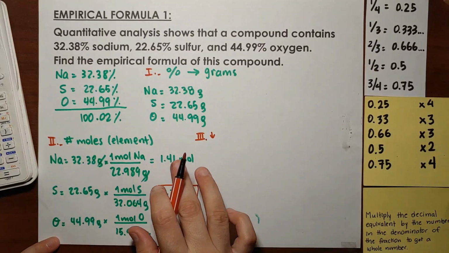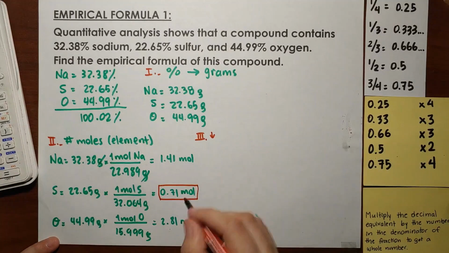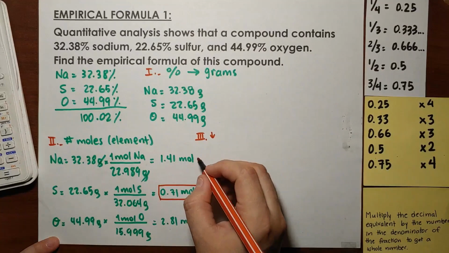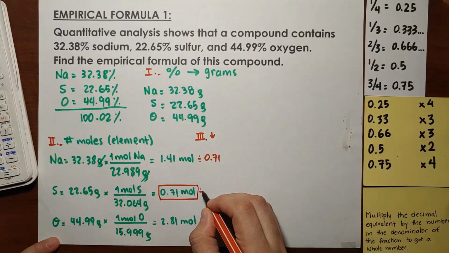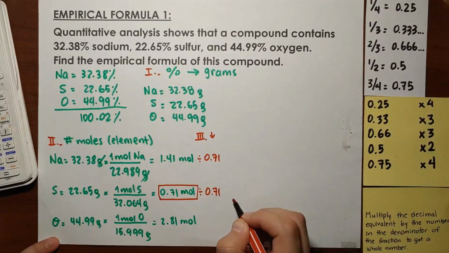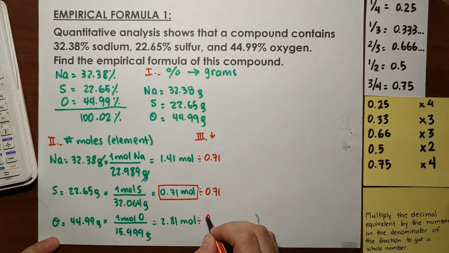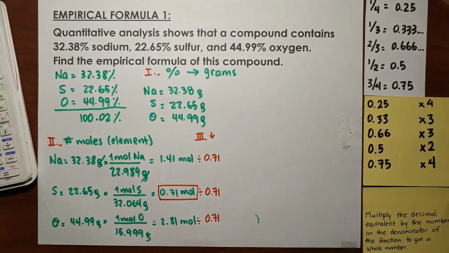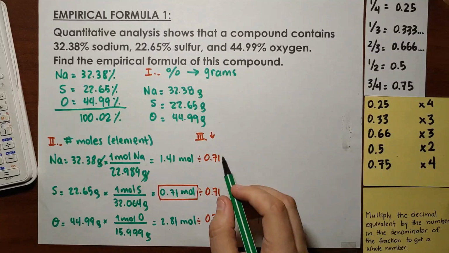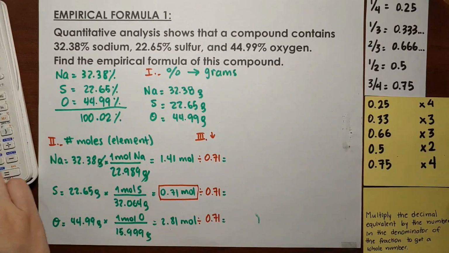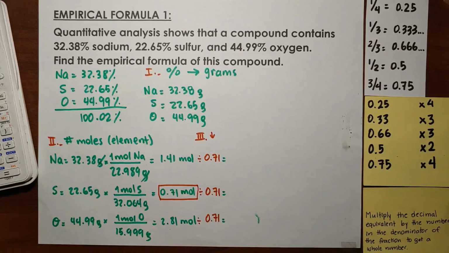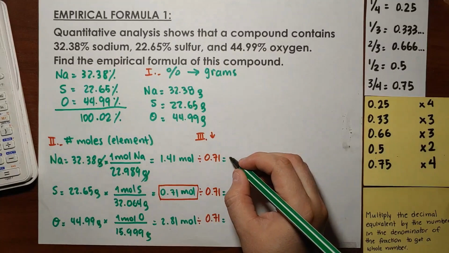So everything, this and that, I'm going to divide by the least amount, that is 0.71. Perform this in your calculator. 1.41 divided by 0.71 gives me 1.99.